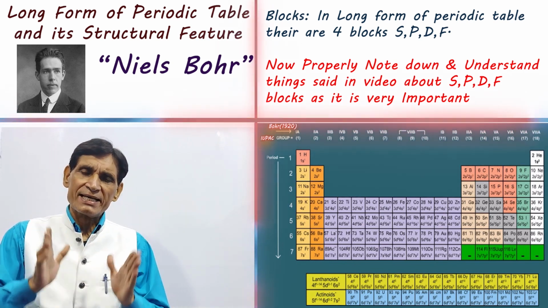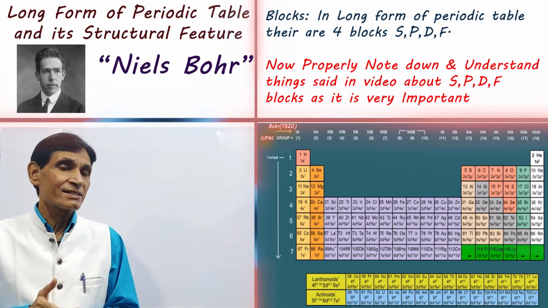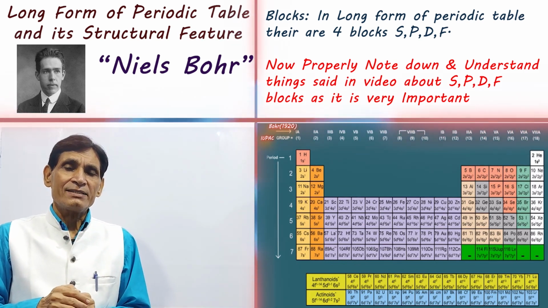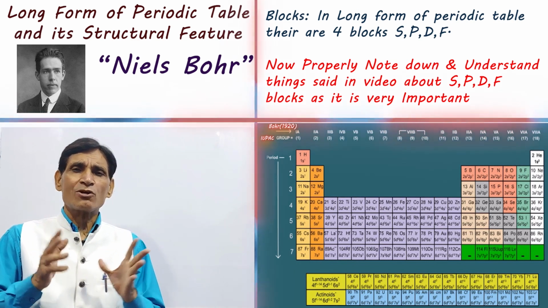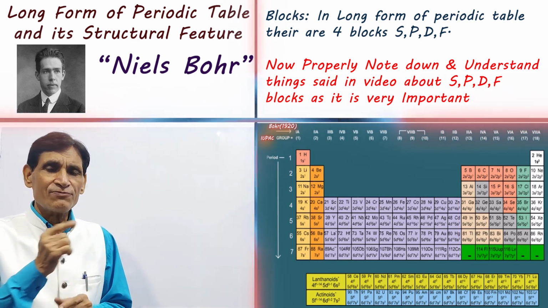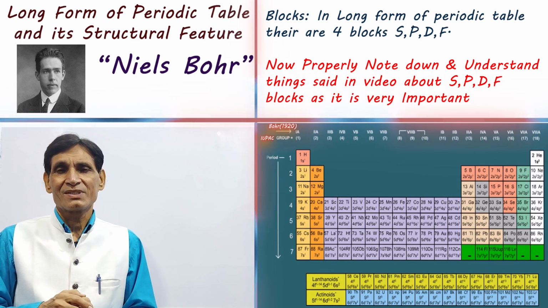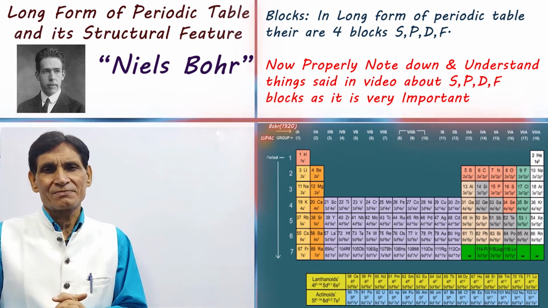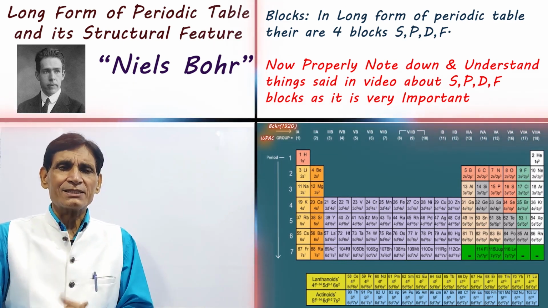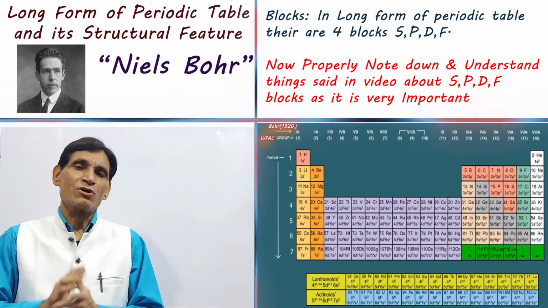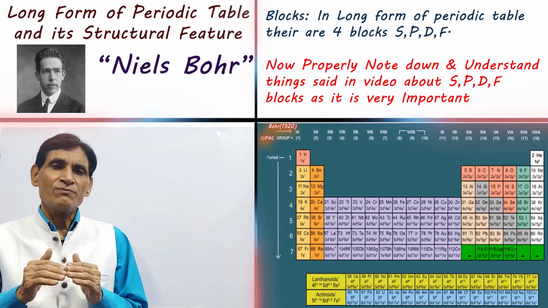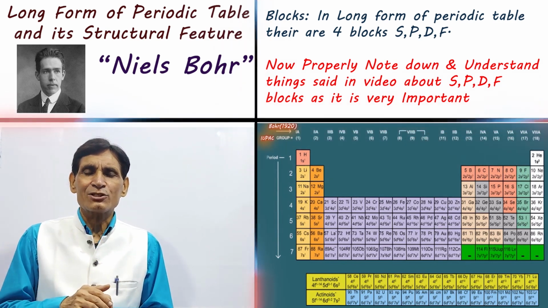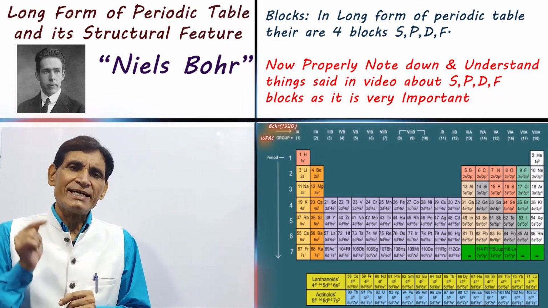These are called actinides because they follow actinium, and the lanthanides are so called because they follow lanthanum. These two series of 14 elements are called F block elements because the last electron enters the F subcell of the antepenultimate cell.